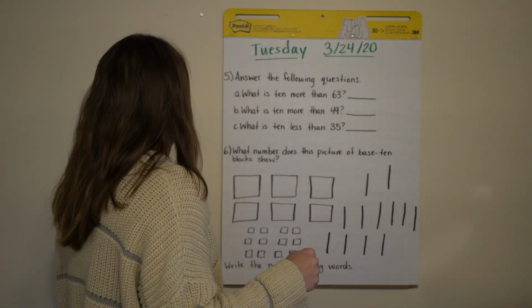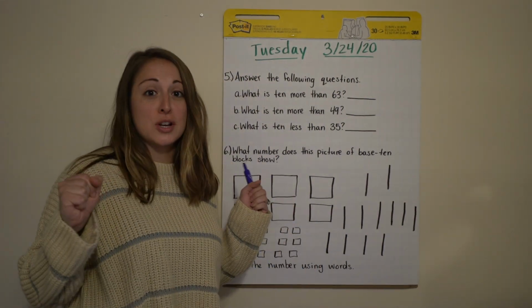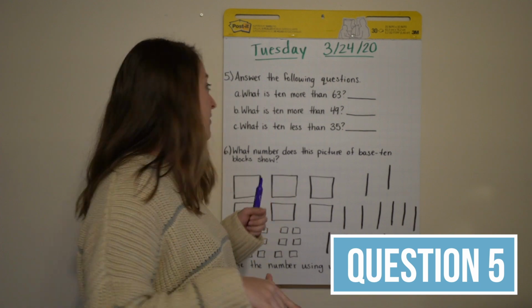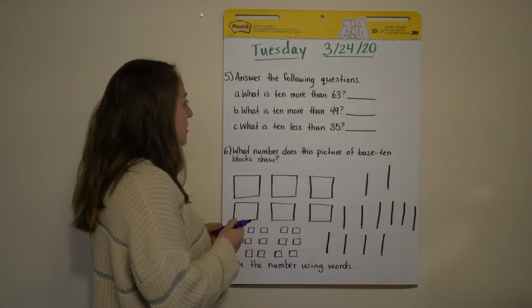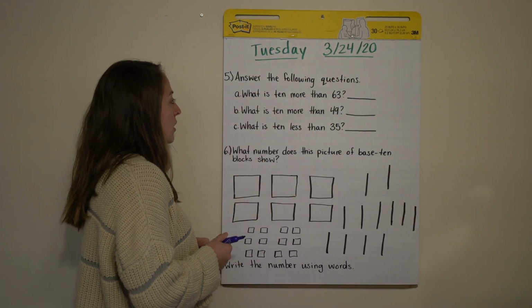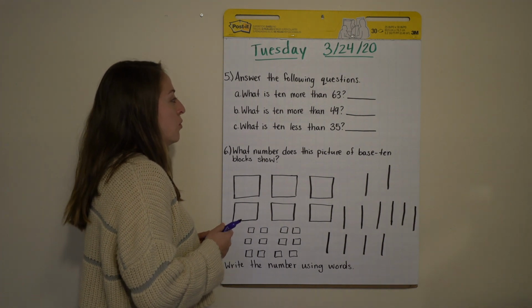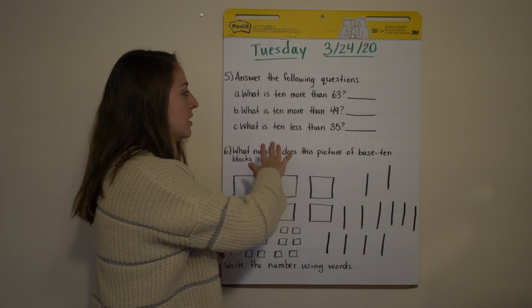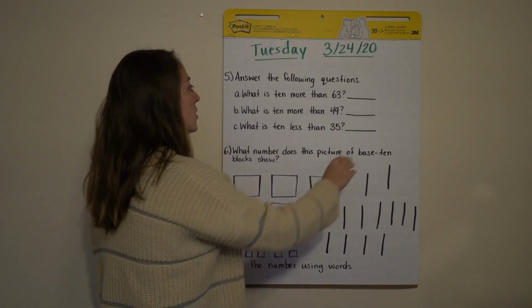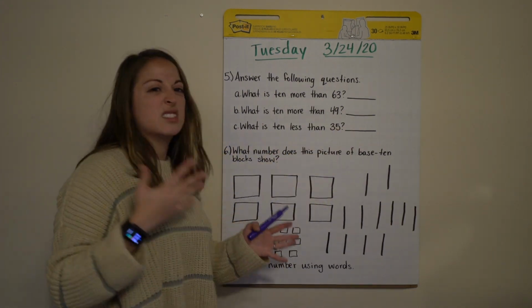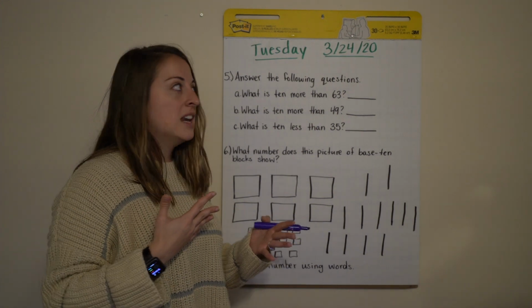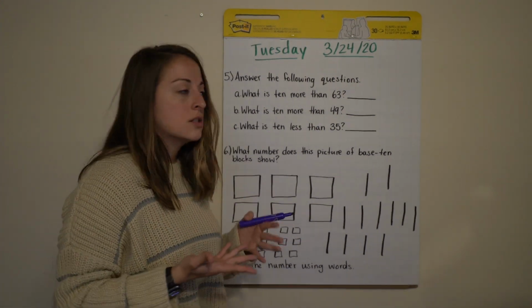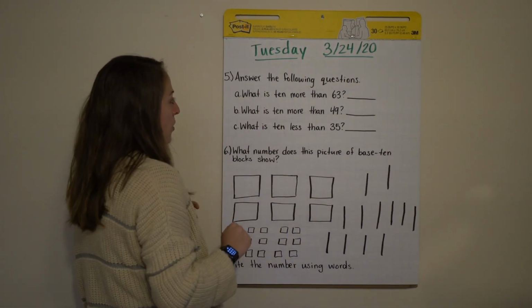Okay, so make sure those materials are ready because we're going to question number 5. It says, answer the following questions. What is 10 more than 63? I'm actually going to read all 3 of these, and I want you to take the time to do each one because it doesn't have anything where you need to do strategies, so we're going to just do this real quick.